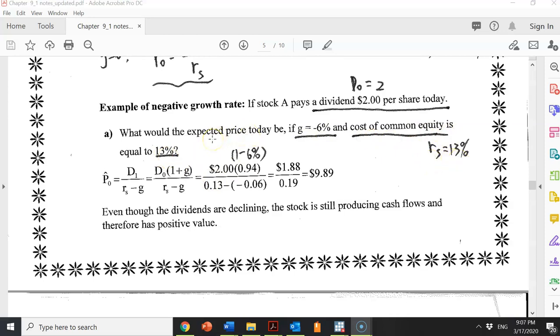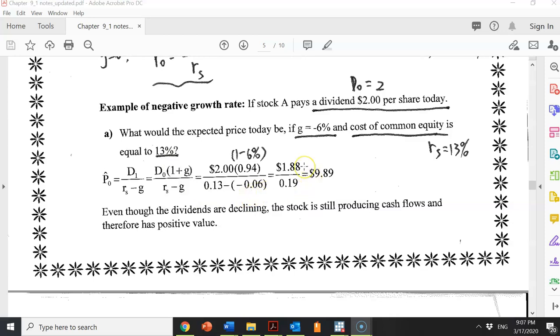We want to know the expected price today, which is P0 equals D1 over RS minus G, where D1 is also D0 multiplied by 1 plus G. So we can just plug in the numbers using D0, $2, multiplied by 1 plus G. Because G here is negative, we use 1 minus 6%, we have 94%, which is 0.94, and we divide by RS, which is 13%, minus G, so we minus negative 6%.